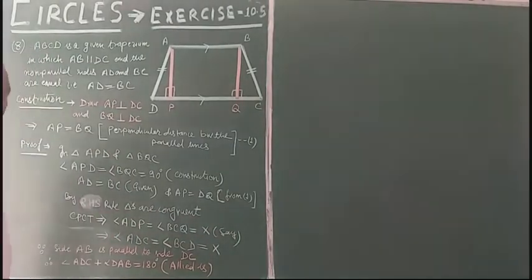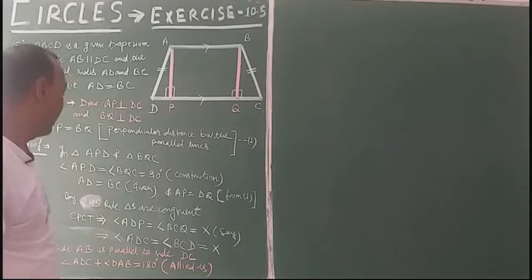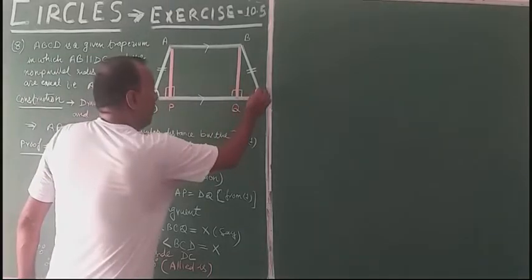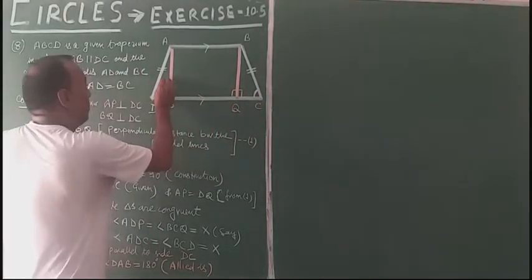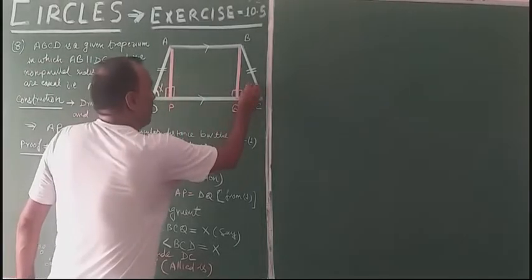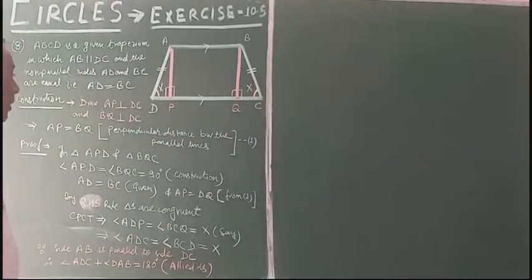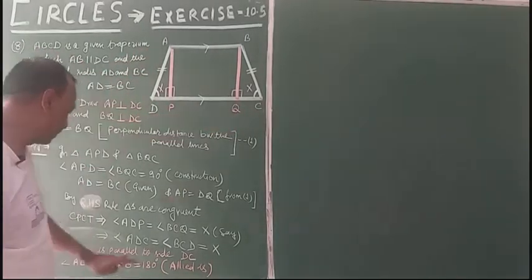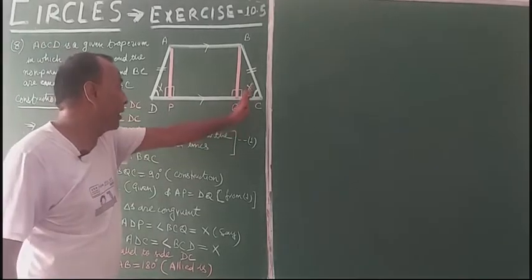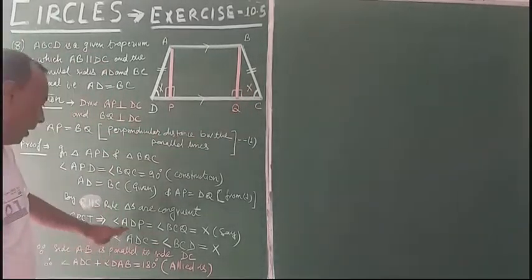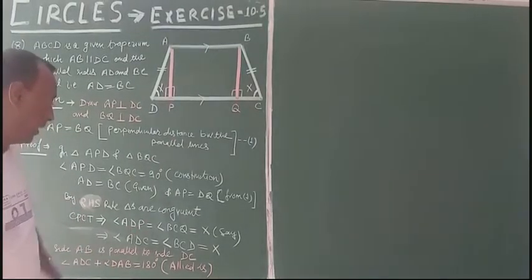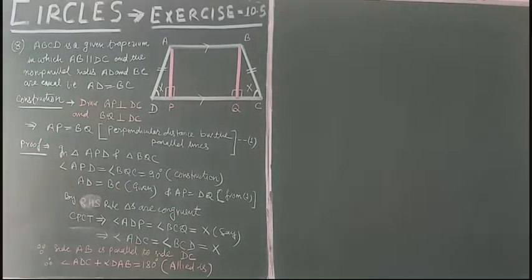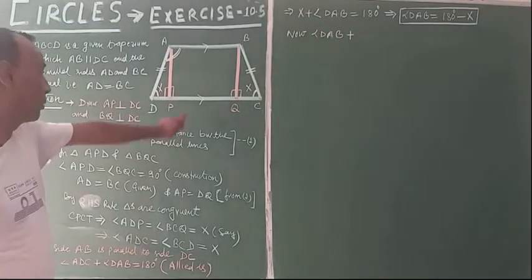The triangles are congruent. Then from CPCT, angle ADP will be equal to angle BCQ. Suppose both are equal to X. Angle ADP is angle ADC and angle BCQ is angle BCD. They are X. Now the side AB is parallel to side DC.